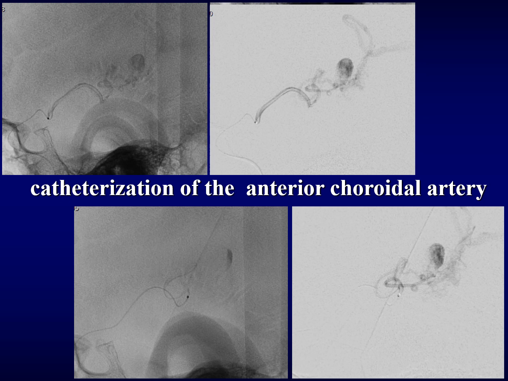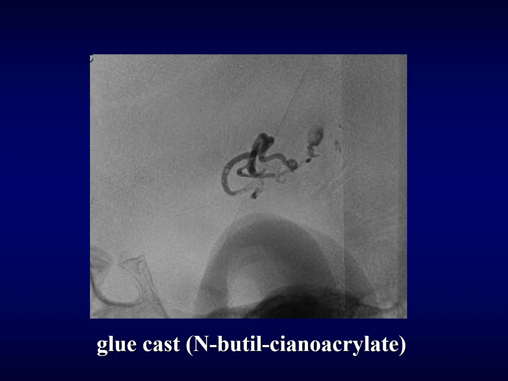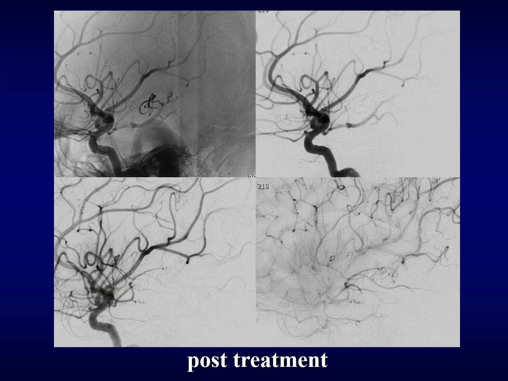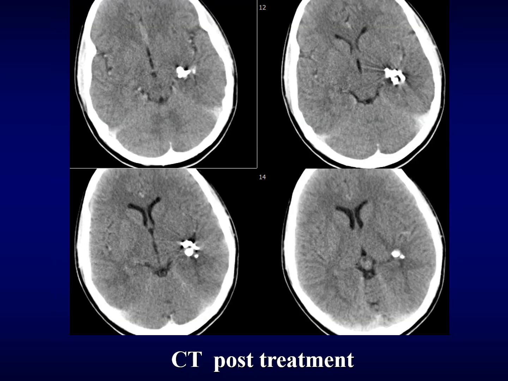So by catheterizing the anterior choroidal artery, you get very close to the aneurysm, injecting glue, and you leave just a very tiny small part of the AVM, which will be treated with gamma knife afterwards.